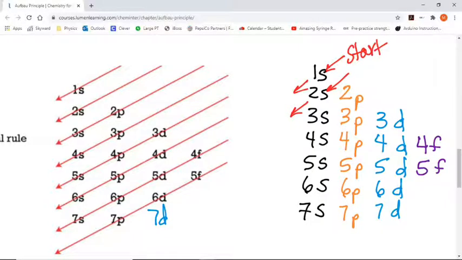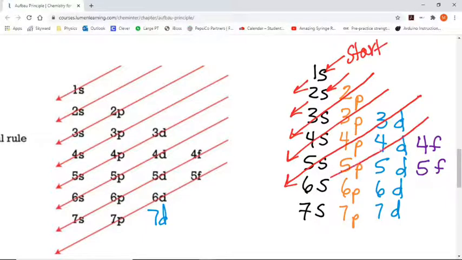And then you keep going back around to the top. 2P, 3S. 3P, 4S. 3D, 4P, 5S, and you can see that things are not going in the order you expect. 4D, 5P, 6S, 4F, 5D, 6P, 7S, and then 5F, 6D, 7P.